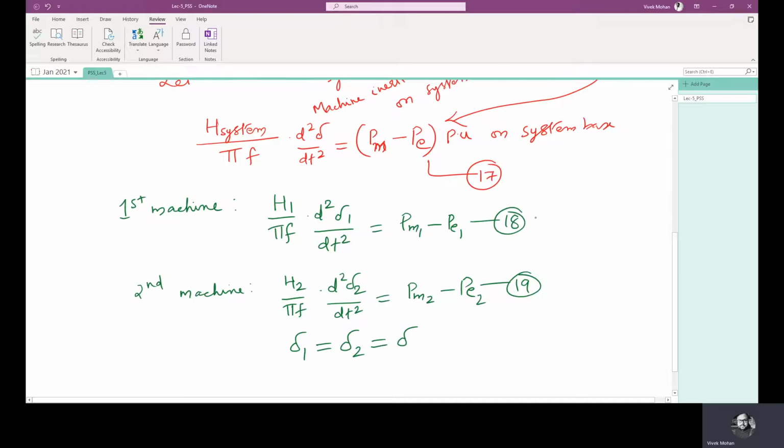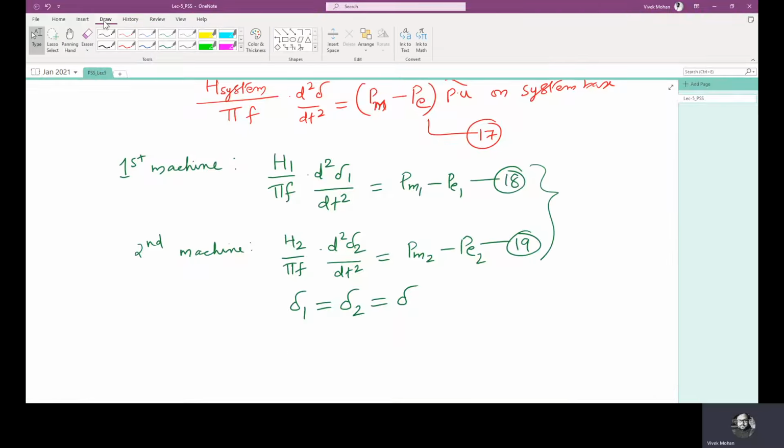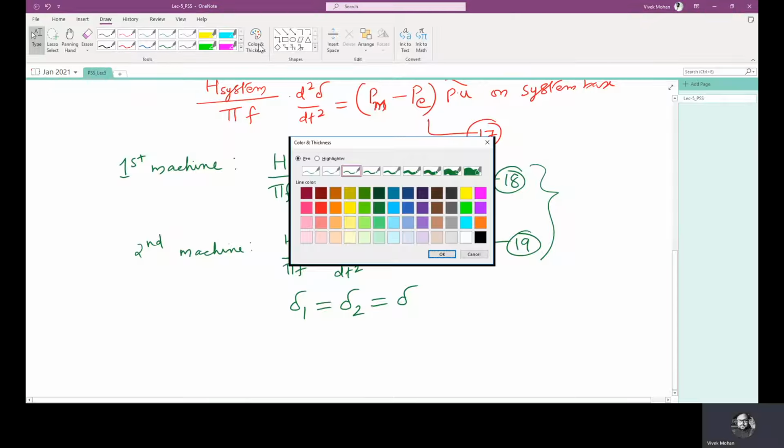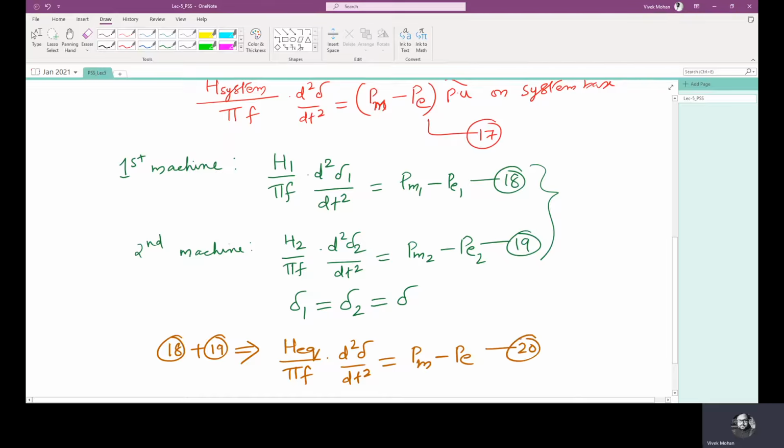So if you add equations 18 and 19, this becomes H equivalent divided by pi f into d squared del by dt squared equals Pm minus Pe. This is equation 20.